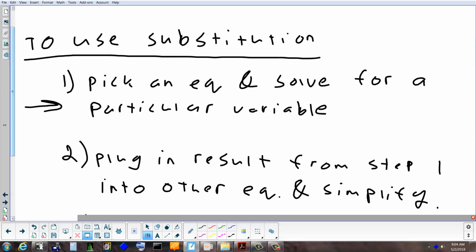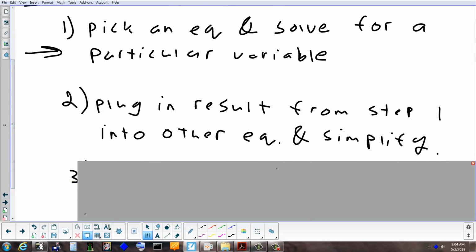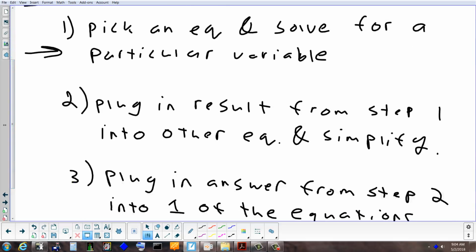Usually the problem is going to be set up so one of those 4 choices is easier than the others. Take that result, plug it into the other equation, and simplify. Now you're going to know one of your variables. And now you take that answer and plug it back in to find the other variable.